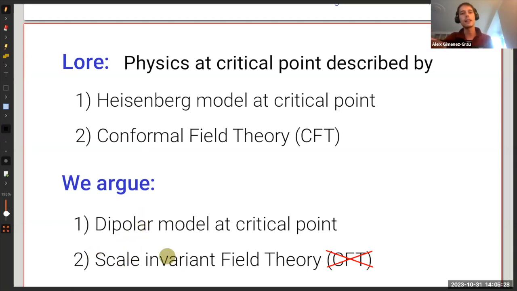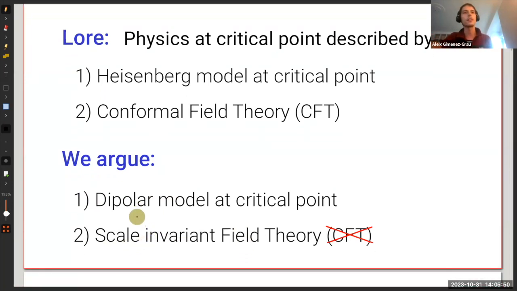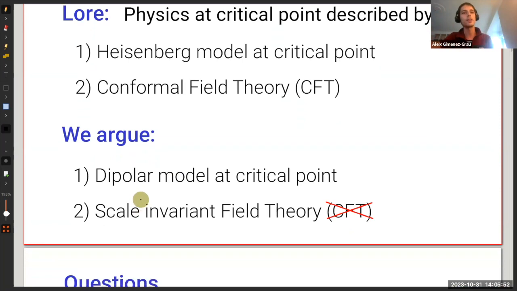Instead, it's a scale invariant field theory, which doesn't have conformal invariance. So that's the main point of the talk, to argue that these 2 pieces of lore that everyone believes, even though they are good approximations in some regimes, are not entirely true. The true story is really this dipolar model being scale invariant and not conformal. So that's the main message of the talk.